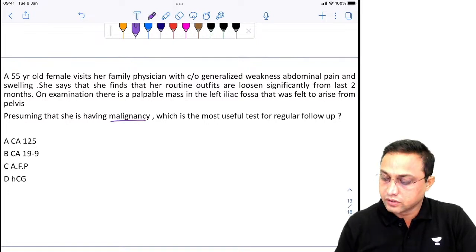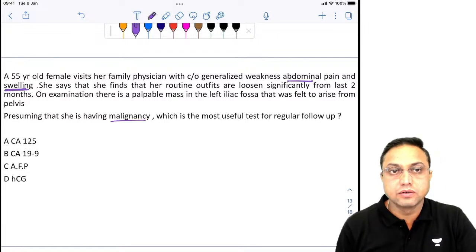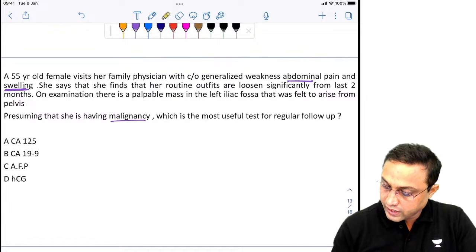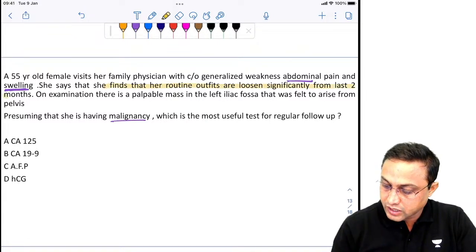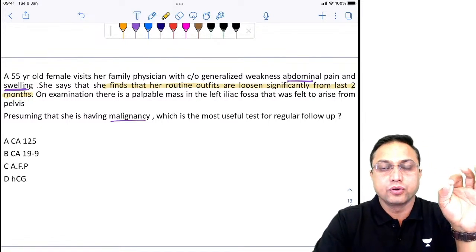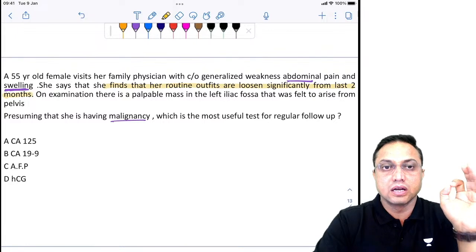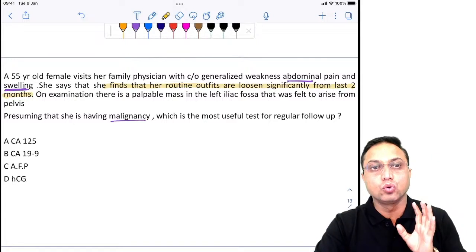Now, what are the hidden clues over here? First of all, this abdominal pain and swelling. This is the first clue, and this line that her routine outfits have loosened significantly over the last 2 months. Now, guys, to understand this concept, this is a clue for you. If in the MCQ it is written significant weight loss, it means approximately 10% or more of the actual weight lost within 2 months.